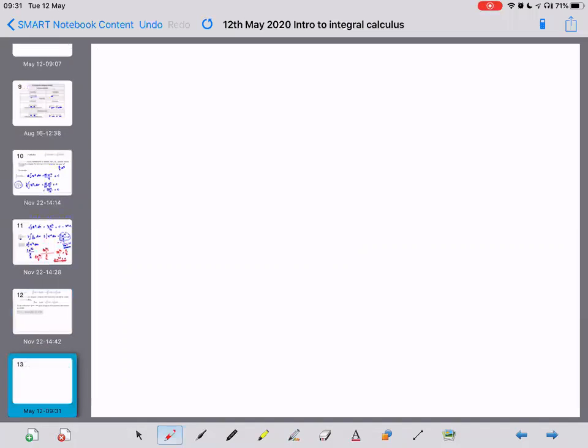So we're going to integrate 4 plus 3/7 x minus 6x squared dx.